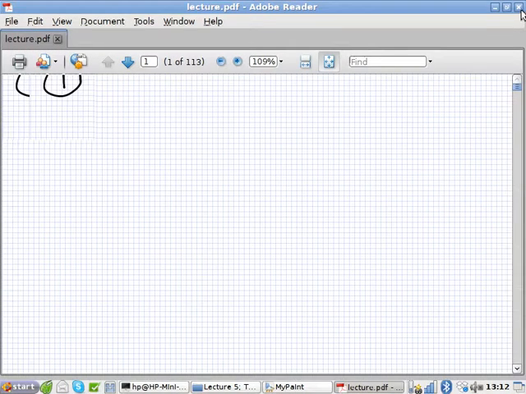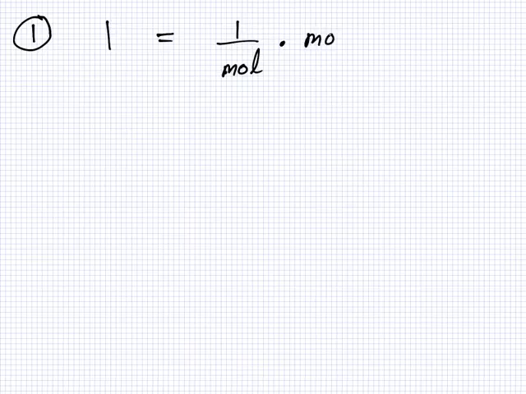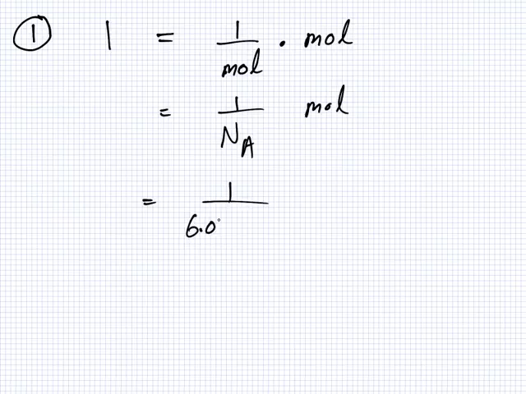You have 1 cup of coffee, or just 1 element, and you can convert that into moles by changing this into 1 over mole times mole, and a mole is Avogadro's number, so it's 1 over 6.02 times 10 to the 23 moles.